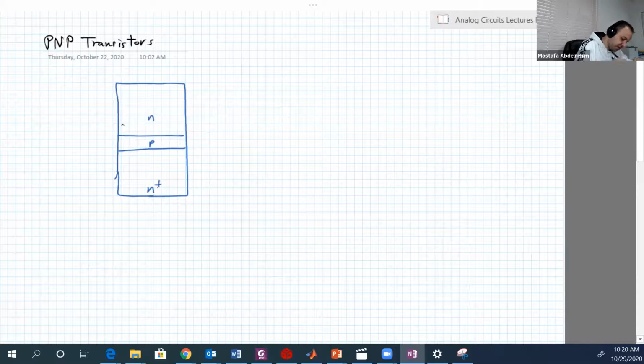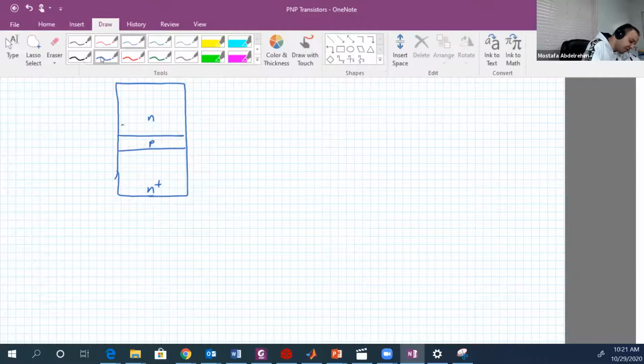And this is the emitter, so it has been more heavily doped than the other ones. Can we do a PNP transistor? Yes, we can. There is another transistor called PNP transistor, in which we do the opposite of NPN.